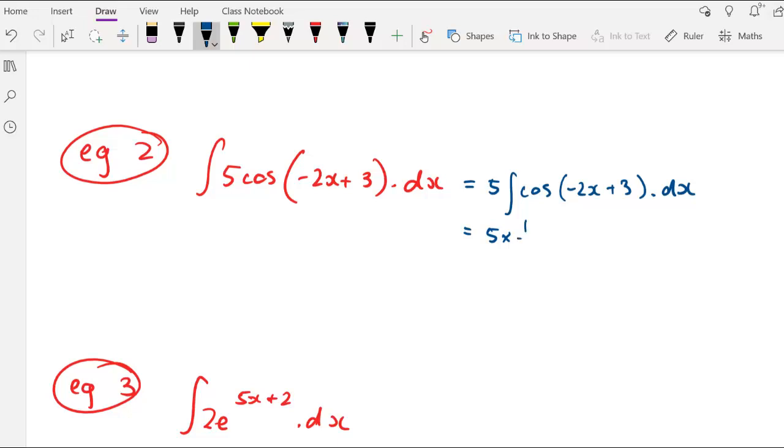So we've got 1 over negative 2 sine, and we keep our bracket the same, negative 2x plus 3, plus c. So we've got negative 5 on 2 sine(negative 2x plus 3) plus c. So again, a nice simple integral, just following the rules that we've already learned in methods.